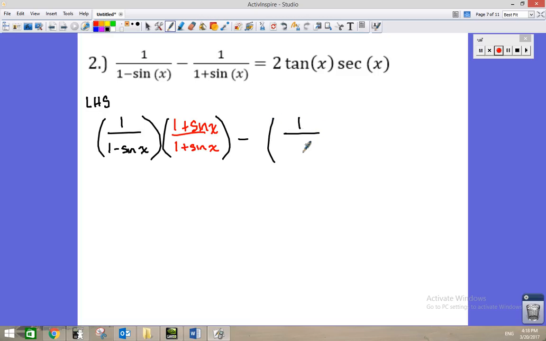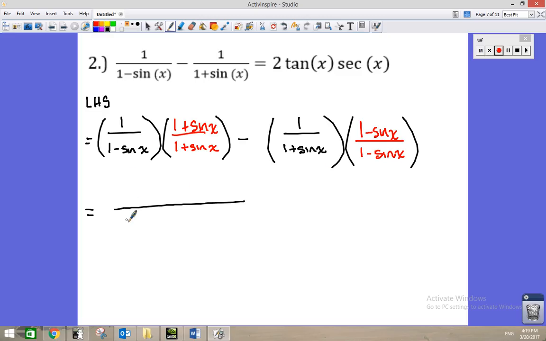And over here, the same idea: 1 minus the sine of x. That's what this denominator is missing. So now the denominators are the same except for the order of multiplication. It doesn't matter whether we have 1 minus sine first and then 1 plus sine, or do that multiplication in the reverse order.